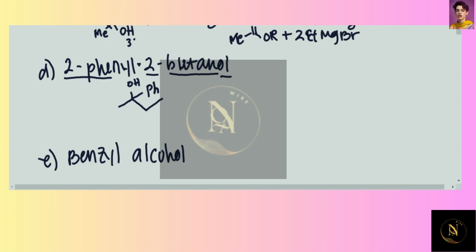Again, just as in parts A through C, we have a tertiary alcohol, so we know we want to begin by starting with a ketone. We could imagine severing this bond and starting with the following ketone plus phenyl magnesium bromide.